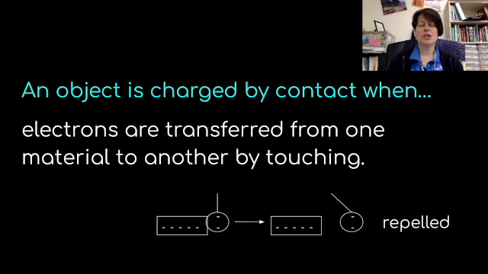Now, an object is charged by contact when electrons are transferred from one material to another by touching. Down here I have a diagram, and you're probably wondering what this diagram is. To show that you're listening, I want you to label some things. These rectangles with the negative charge in them, label that a rod.